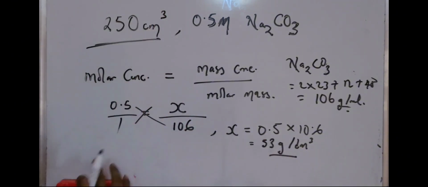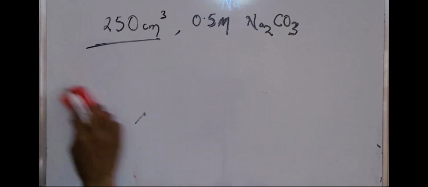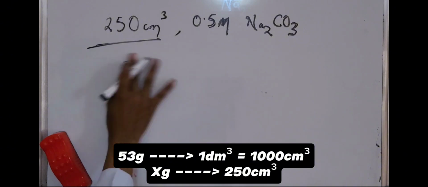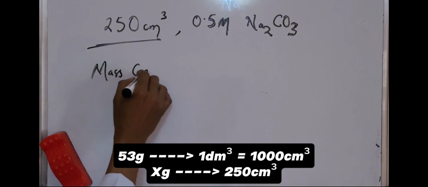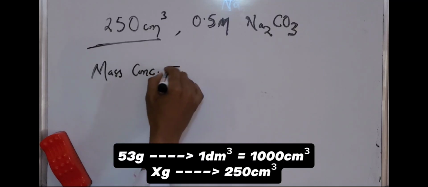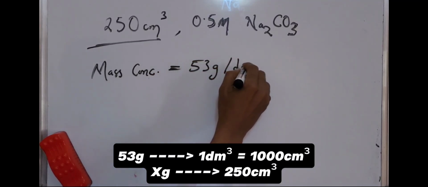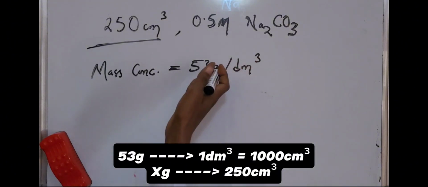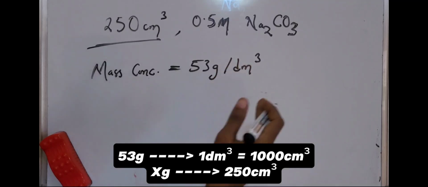Since we've arrived at the mass concentration to be 53 grams per dm cube, now we can easily calculate. This means I'm weighing 53 grams in 1 dm cube, which is 1000 cm cube.